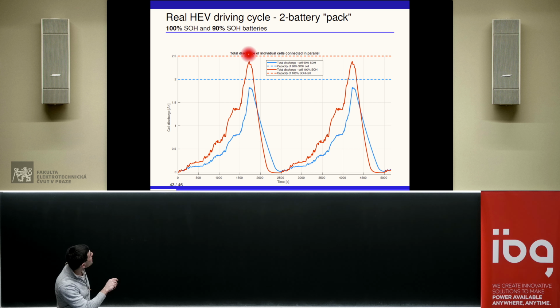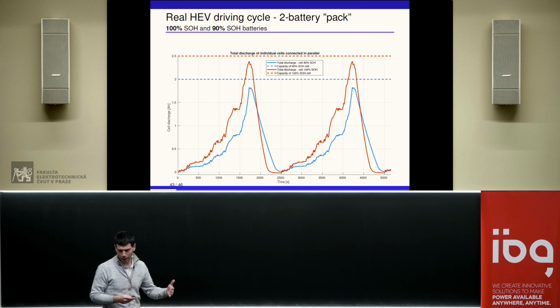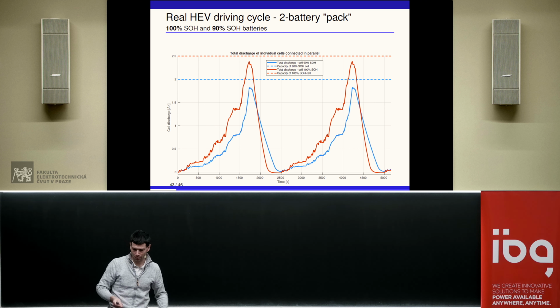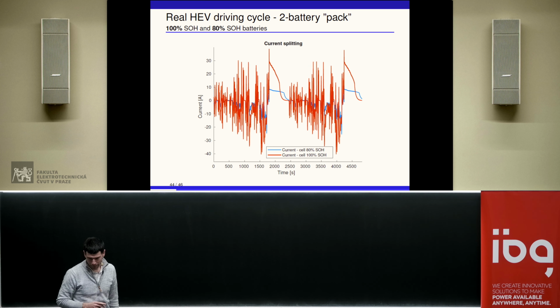It actually gets discharged much more deeply than the one that is already aged, and that can also cause a problem. This kind of simulation can be done to determine when you are getting a problem, so when, for example, the battery pack is due for replacement because some of the cells are already failing.